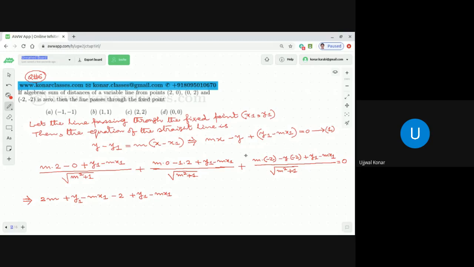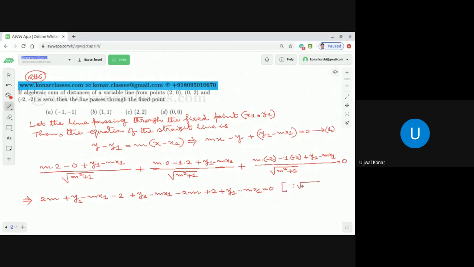Just a minute. Minus 2, so then it should be only minus 2. Y should not be there. Sorry, I made a mistake here. It should be only y1. So what we are getting is y1 minus mx1, then minus 2m plus 2 plus y1 minus mx1 is equal to 0.